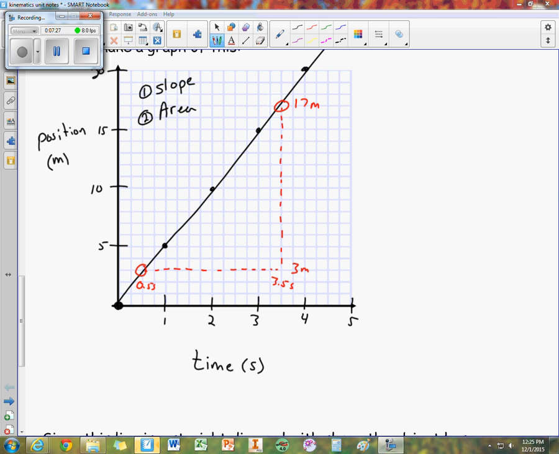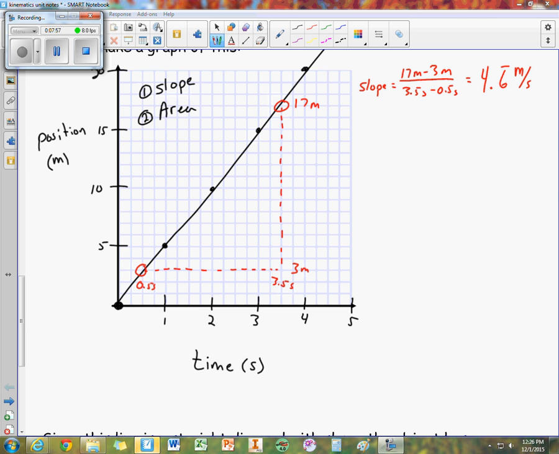So the slope would equal 17 meters minus 3 meters divided by 3.5 seconds minus 0.5 seconds. And if I get a calculator and work that out, 14 divided by 3, I get 4.6 meters per second.